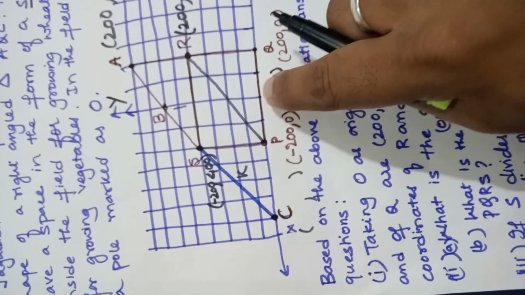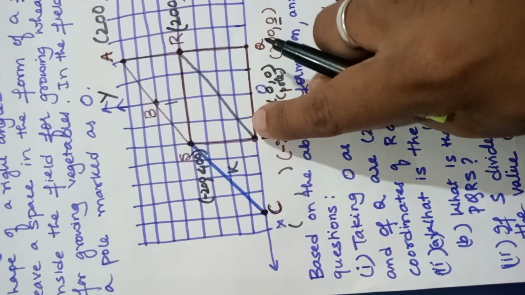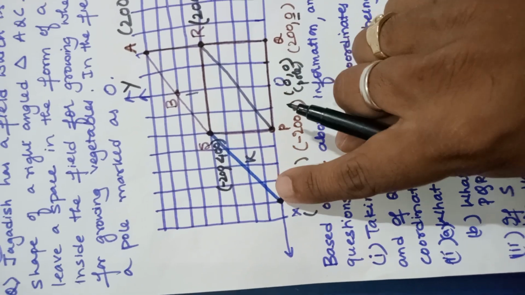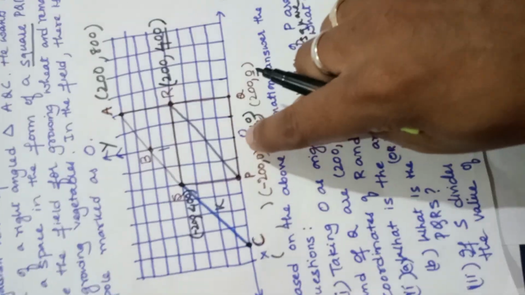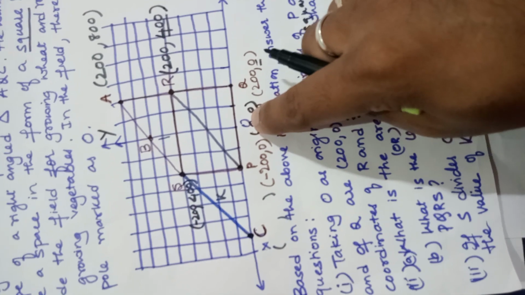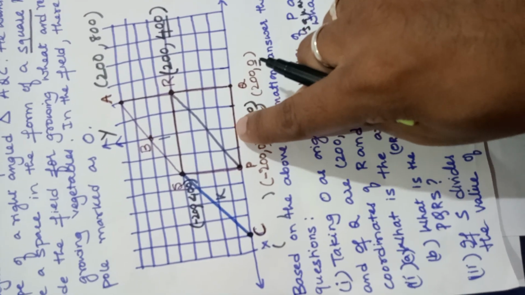Now here, first of all, let us determine the coordinates of point C. How far is it away from the origin? 1, 2, 3, 4, 5, 6. It is 6 units far from the origin. So 1 unit will correspond to 100 units, I told you.